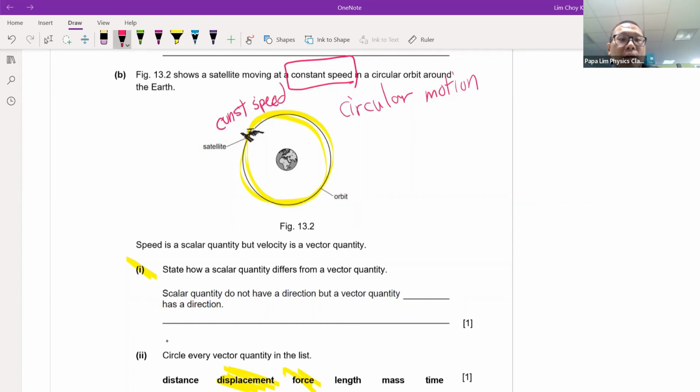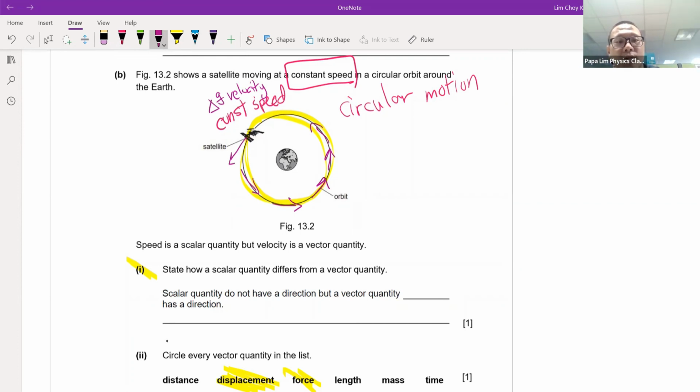But the interesting thing is that it's always having a changing velocity. It's not a constant velocity. For me to go in a circle, I have to change direction every instant.